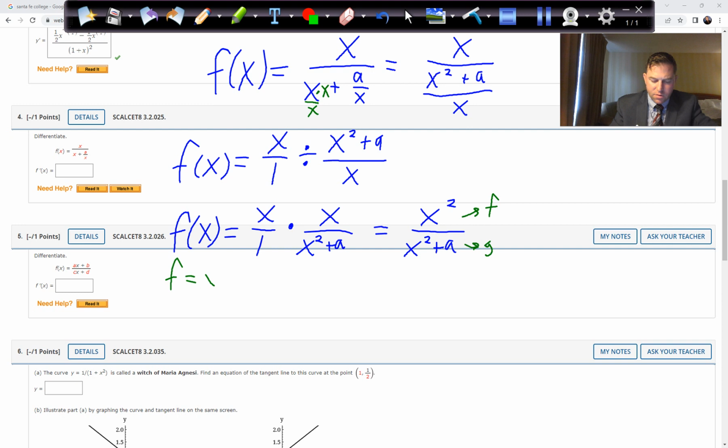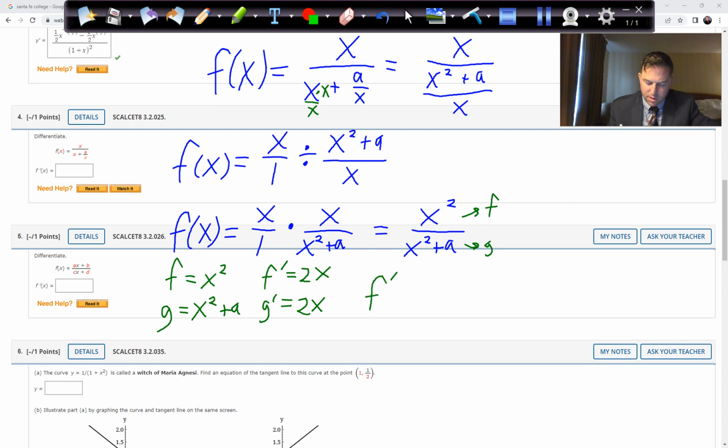So f is x squared, g is x squared plus a, f prime is then 2x, g prime is also 2x. The a will go away because it's a constant, so the derivative of a constant is 0.